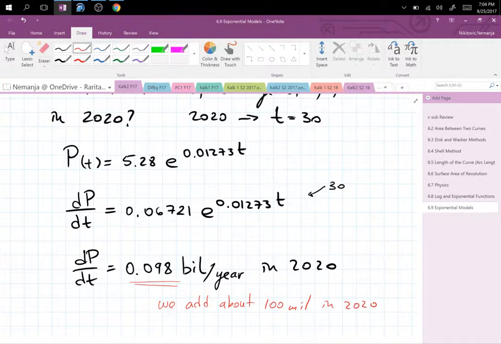Well, we can do integral, right? An integral calculates accumulation. So I can calculate the amount of people added over a period of time from, say, 2020 to 2030. The limits on the integral will be, right, what did I say? So 30 to 40. And you integrate and you compute. You see? So we can do all of these calculations.